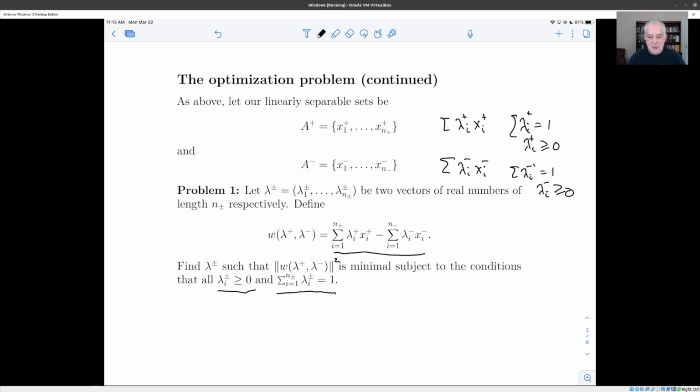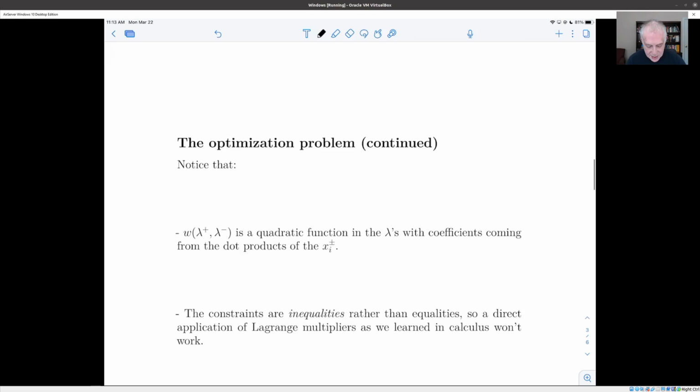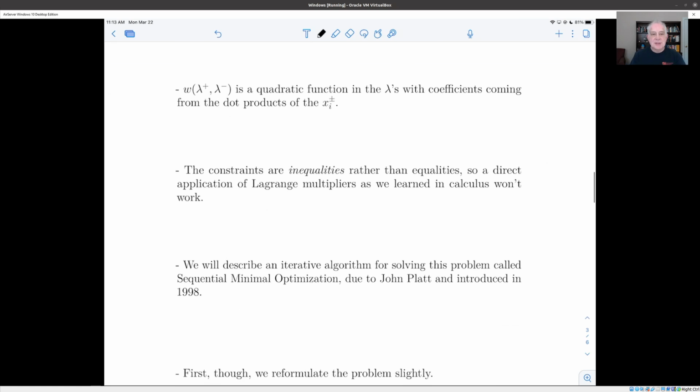So in a certain sense, we have an optimization problem in vector calculus here. Except that, well, let's make a few observations to see what might go wrong. Well, first of all, there's some good news. If you look at this w of lambda plus, lambda minus, it's the dot product of a vector with itself. And remember that the lambdas are the variables and the x's are, in a sense, constants for this.